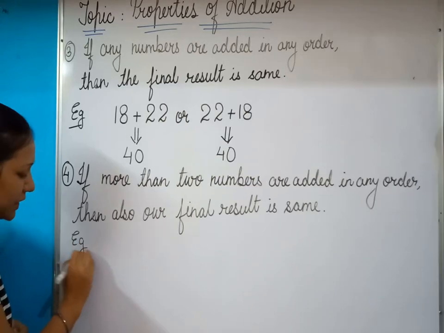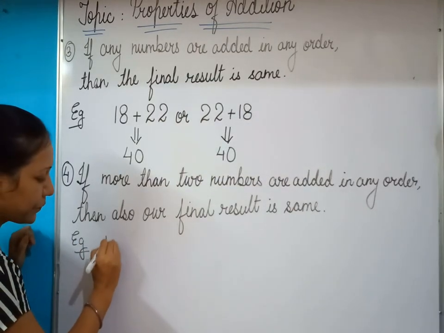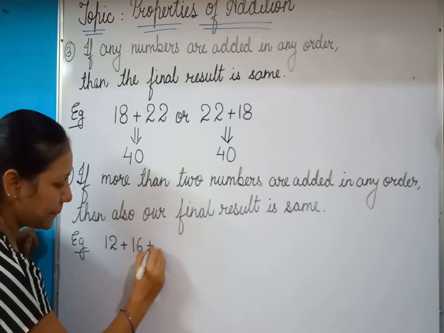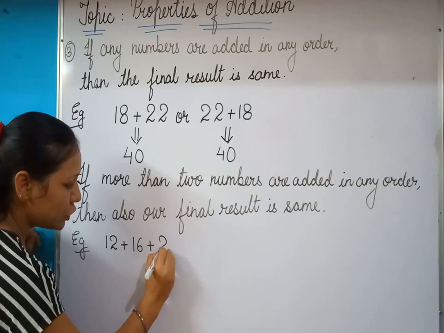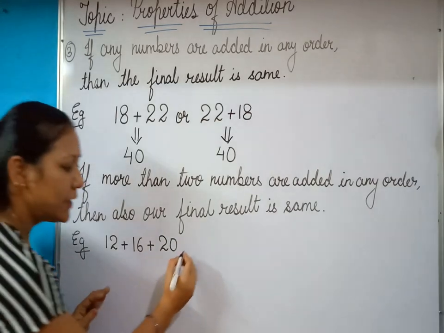Now, let me take the example for this. For example, your value is 12 plus 16 plus 20. So suppose this is our first order.